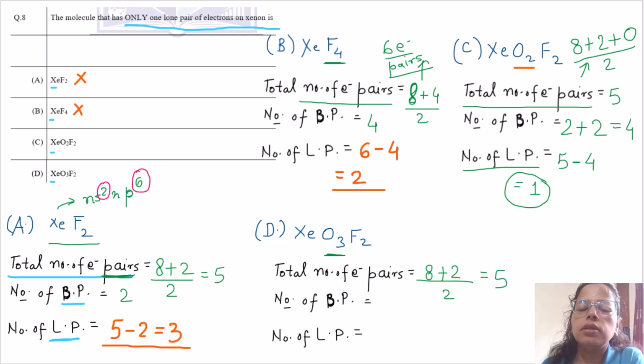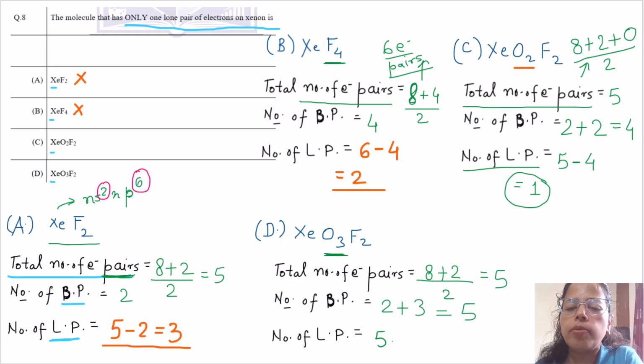For bond pairs, 2 fluorine atoms are bonded to xenon, and then we consider the sigma bond contribution of the 3 oxygen atoms, so 2 plus 3 is 5 bond pairs. Number of lone pairs: 5 minus 5 is equal to 0. So in option D, XeO3F2, the number of lone pairs is 0.